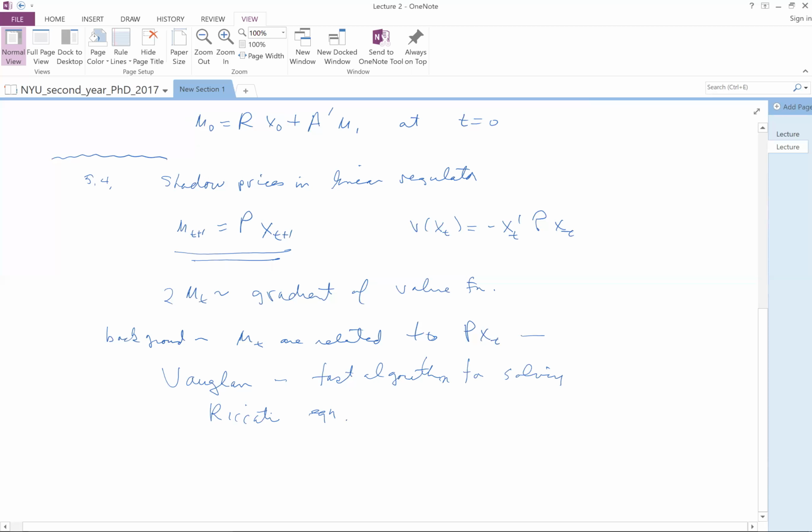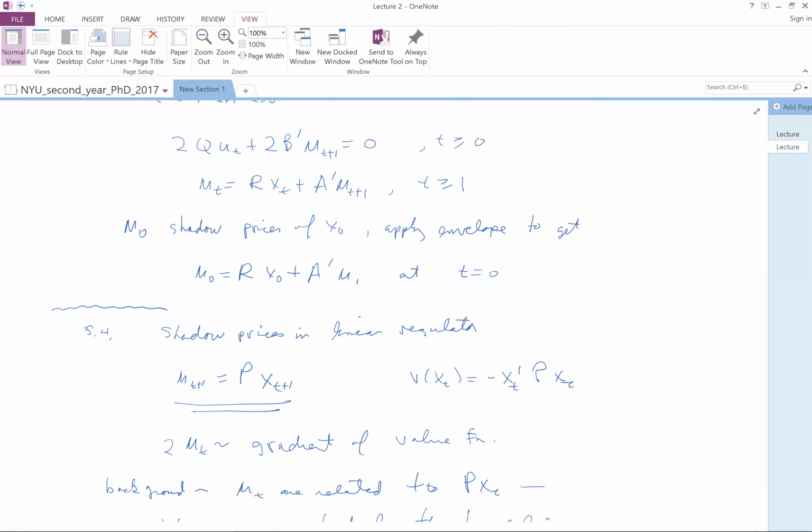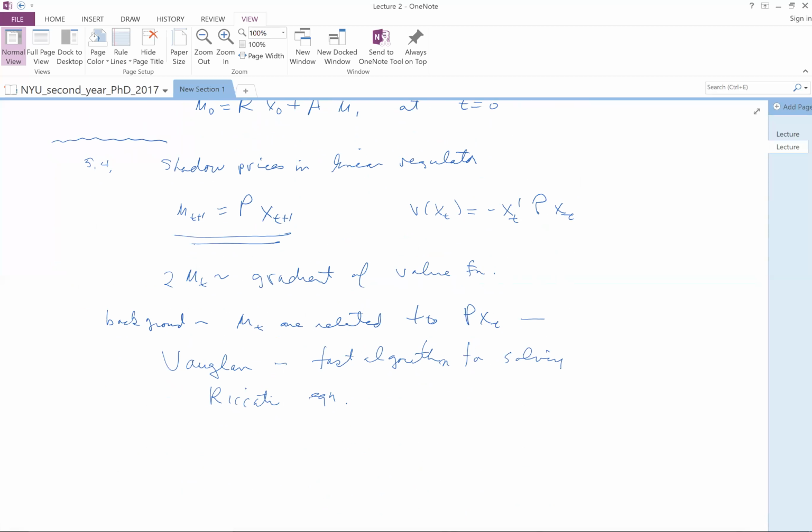Okay, so here's what we're going to do. We're going to take this system right here, and we're going to be working with this system. And what we're going to do is go through these steps. We're going to solve for ut as a function of mu t plus 1.